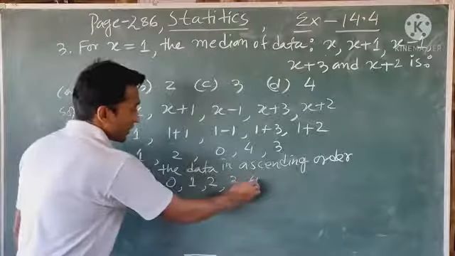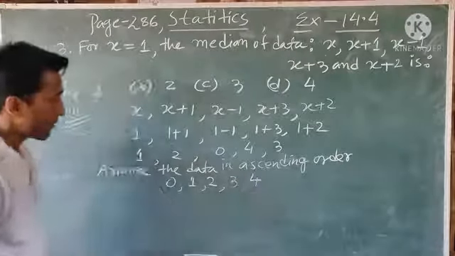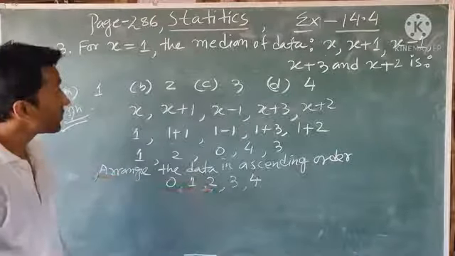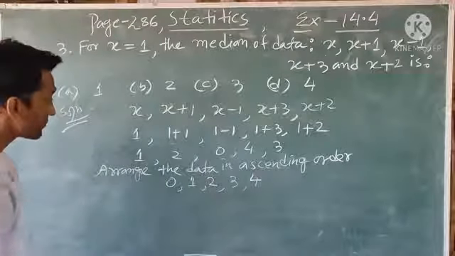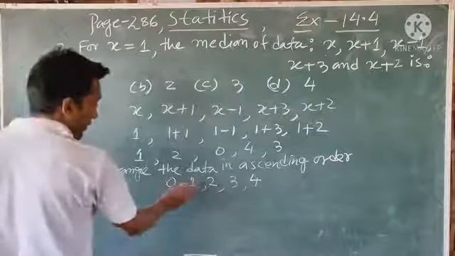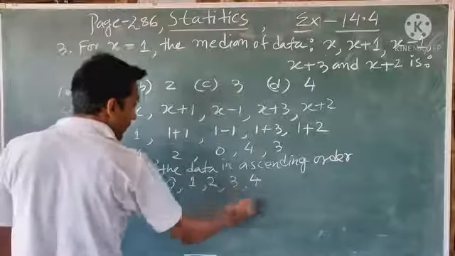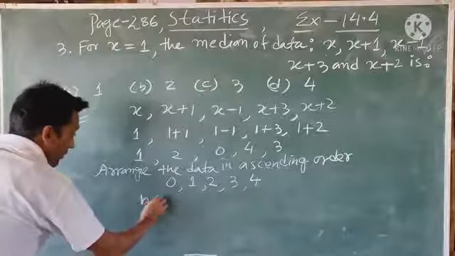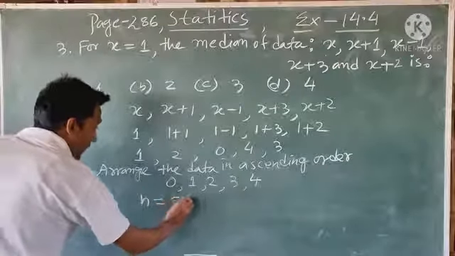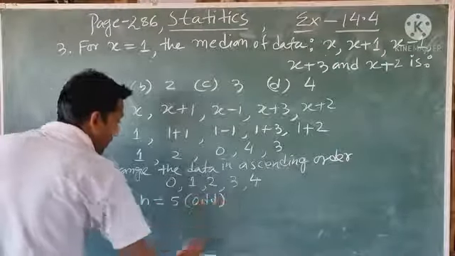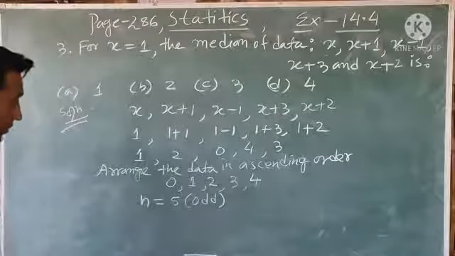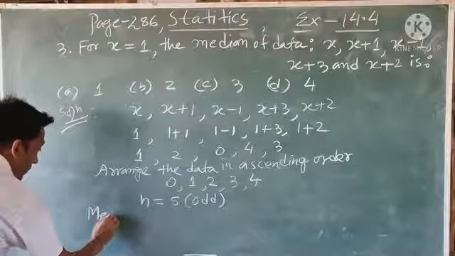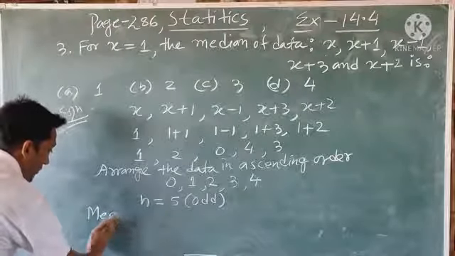So what is median? Median is the value of the middle observation. Which one is the middle observation? How many observations are there now? 1, 2, 3, 4, 5. So the number of observations n is 5. 5 is an odd number. If the number of observations is odd, then there is a formula to find the median.